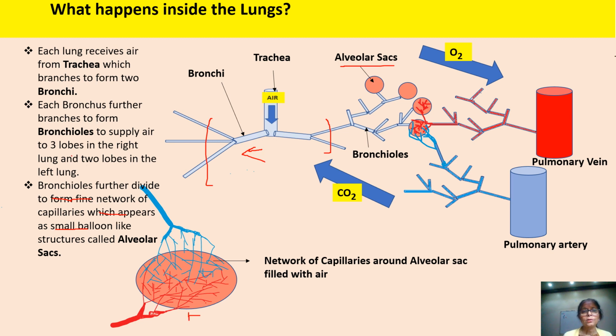For cellular respiration, the carbon dioxide, which is brought by the pulmonary artery from the body after respiration, is thrown into the alveolar sac. And from the alveolar sac, it follows the same path of bronchioles, bronchi, trachea, and nose and outside to the environment.